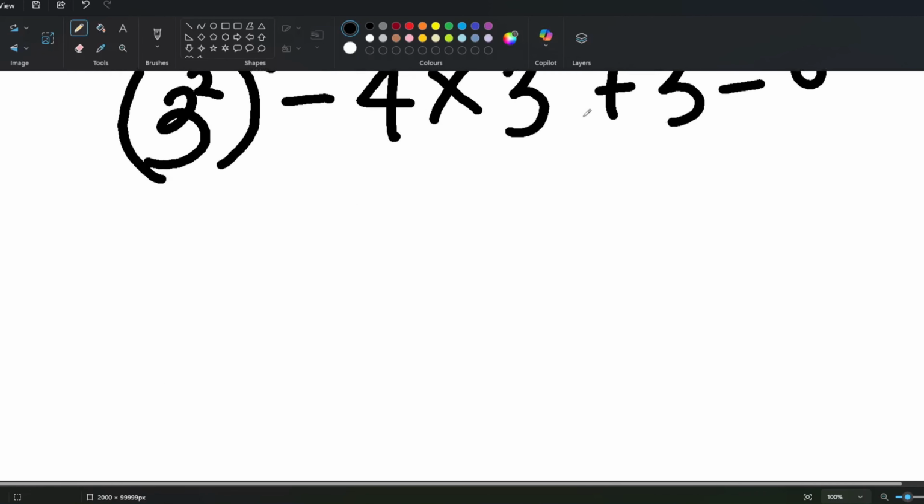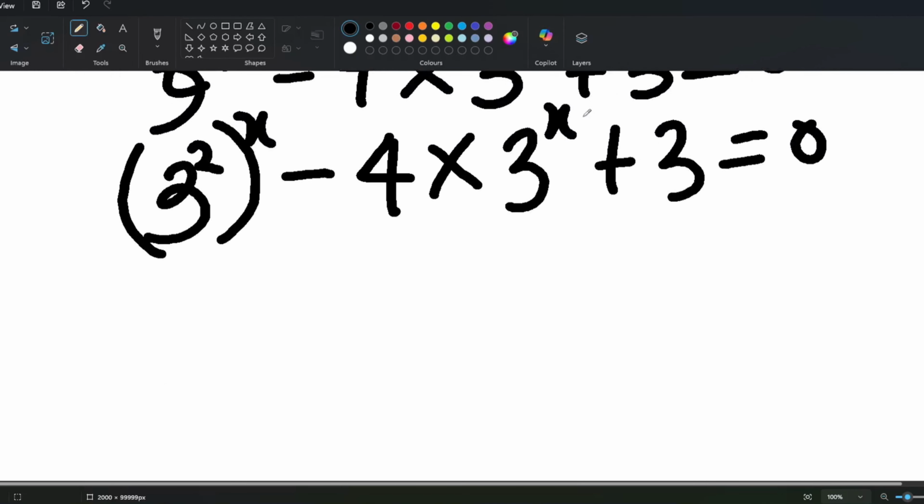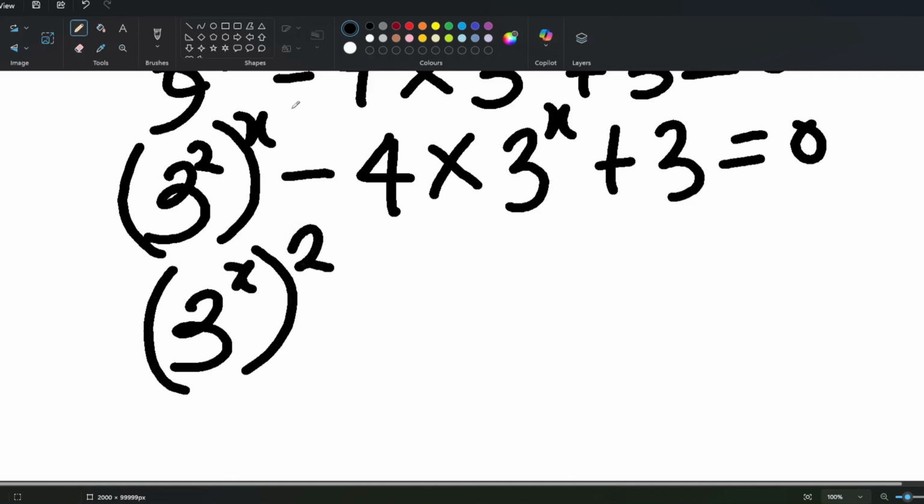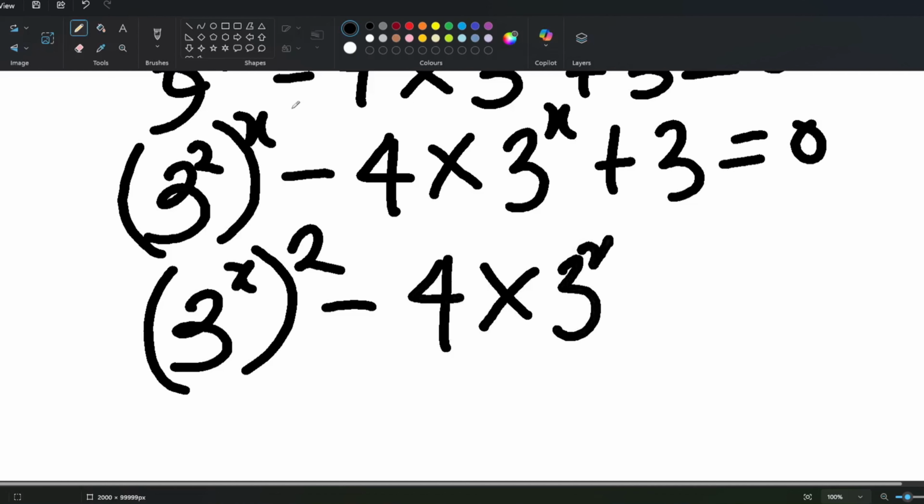So from here now, we can switch the two powers here. Bring this one outside, bring this one inside. It does not affect the multiplication because multiplication is commutative. Minus 4 times 3 raised to power x plus 3.